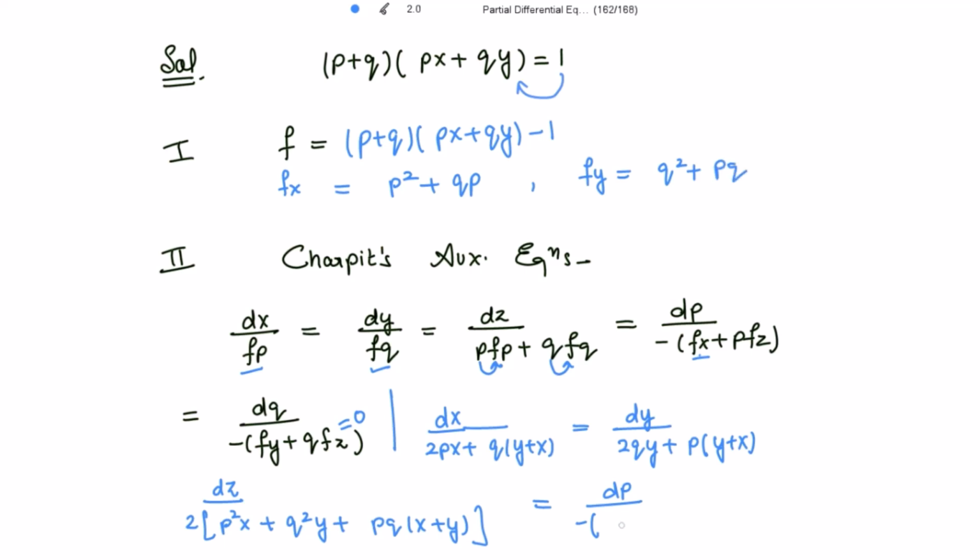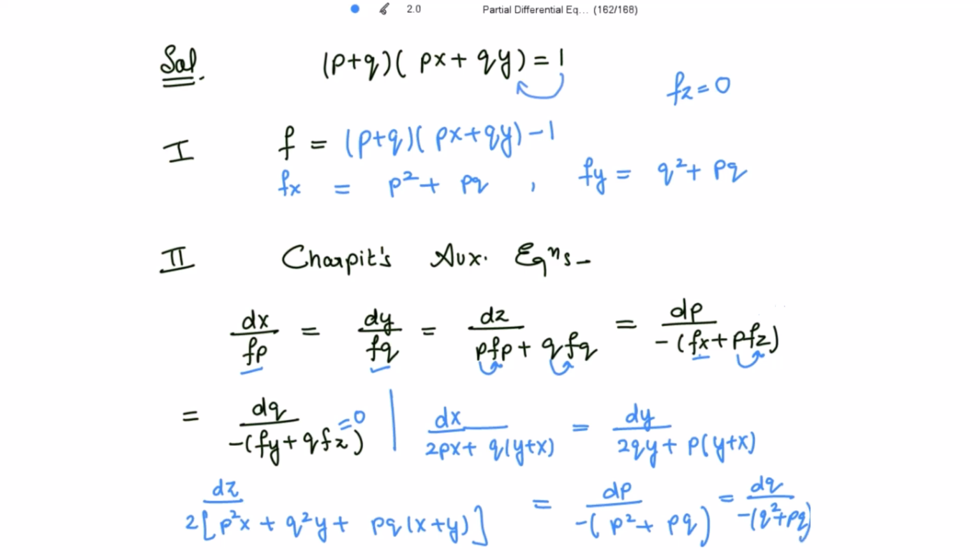So fx is p square plus pq. And what is p multiplied with fz? Here there is no z, so fz is 0. So this is equal to dq divided by negative of q square plus pq.